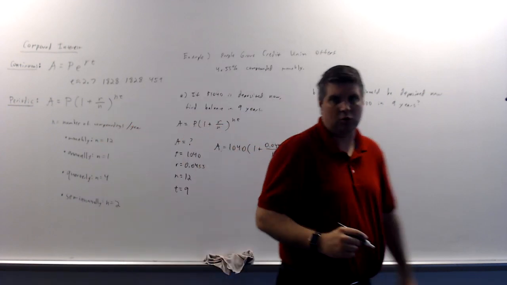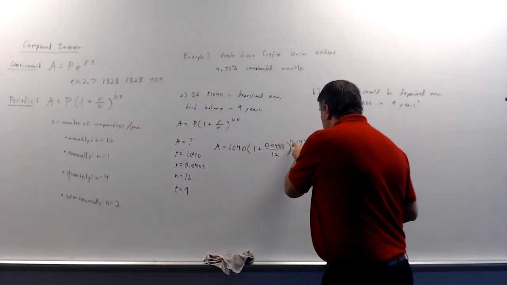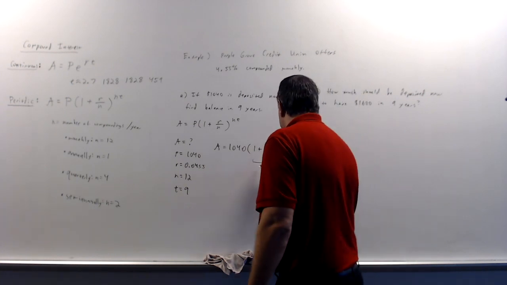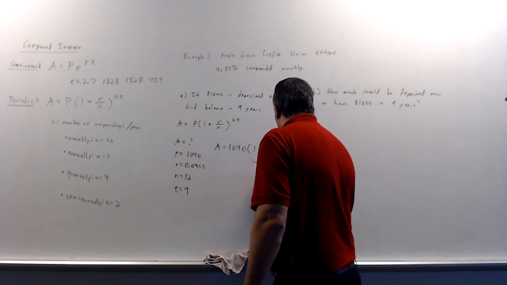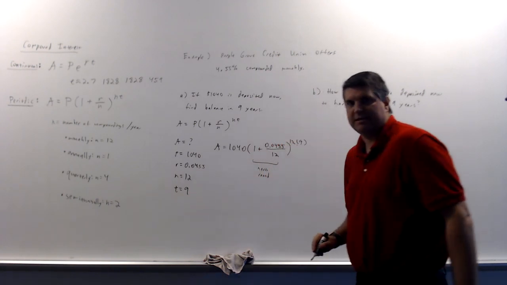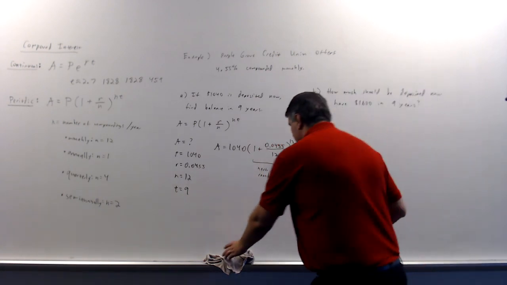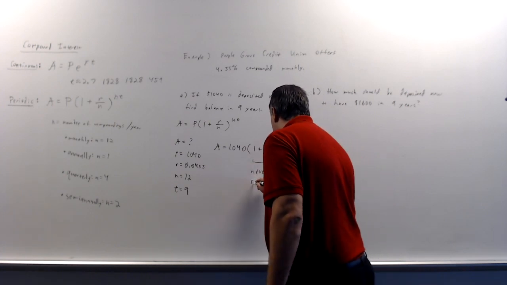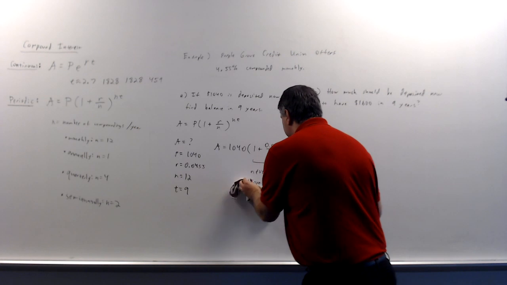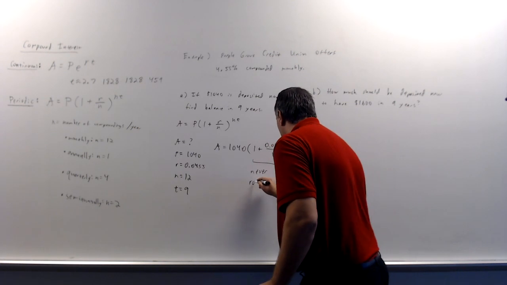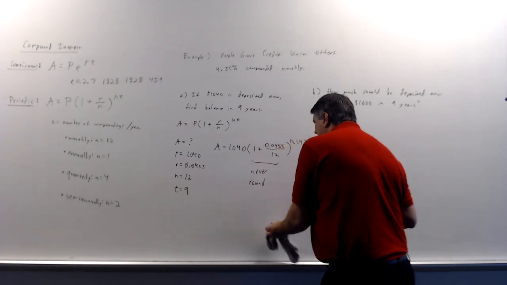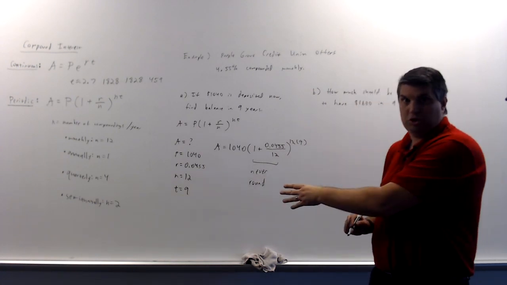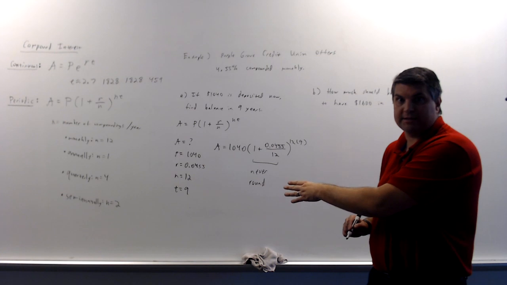I strongly recommend you clean this up, and never round. Never round that. If it doesn't terminate, if it's a repeating decimal, then you keep it as is in parentheses.